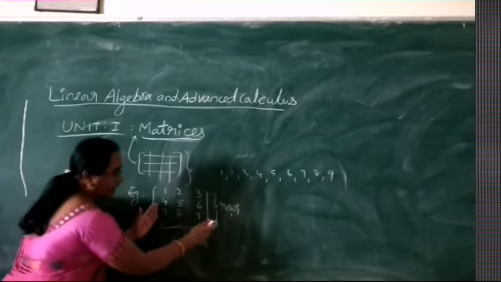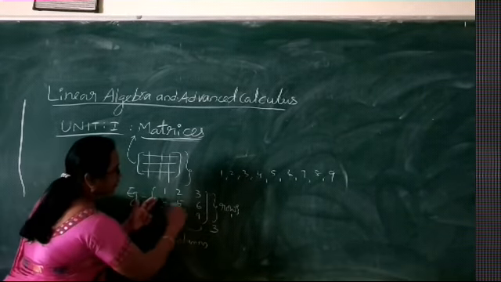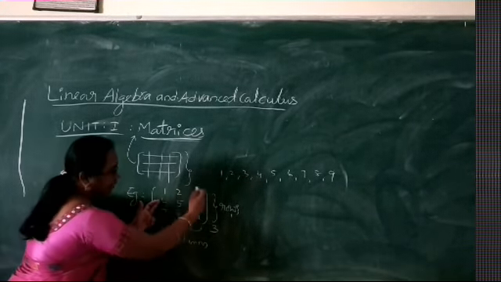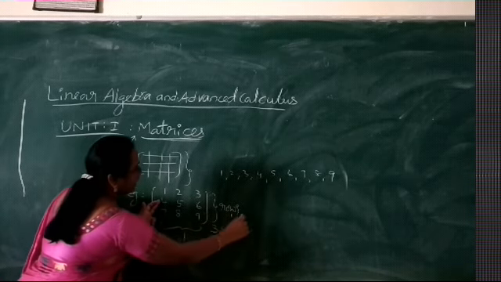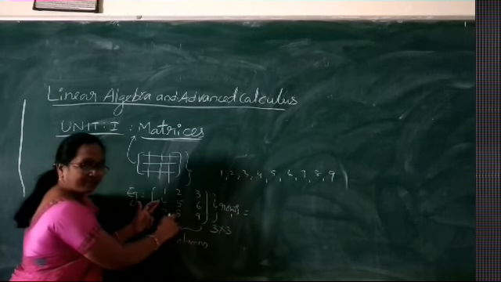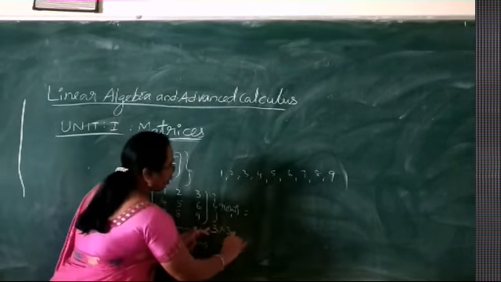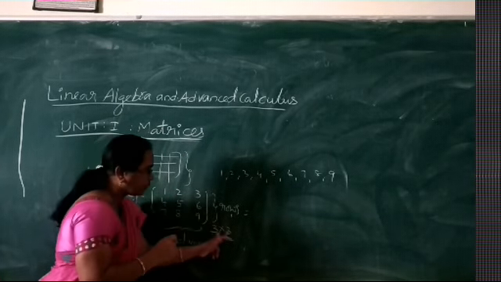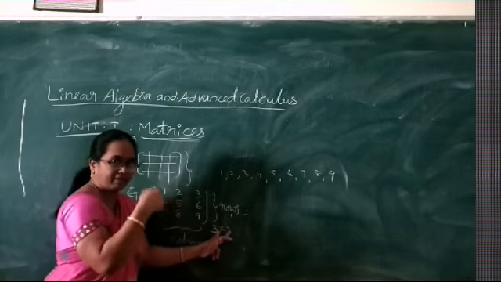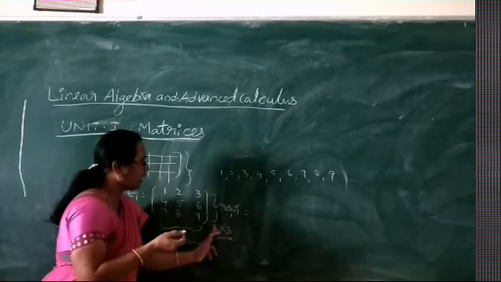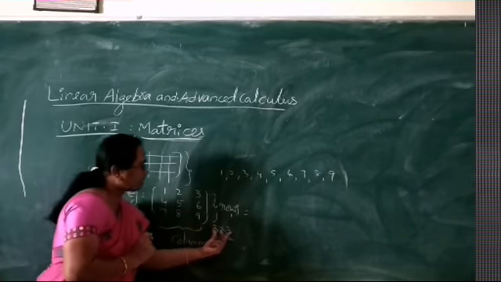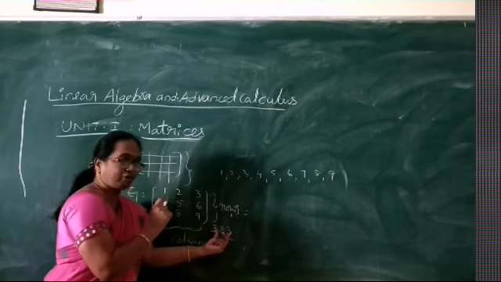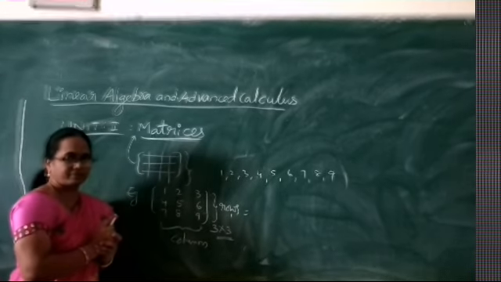As we can see here, there are 3 rows and also 3 columns. We can say that the matrix represented here is of order 3 by 3. While we write it as 3 into 3, when we read it out, we read it as 3 by 3. And this is called the order of the matrix, right?